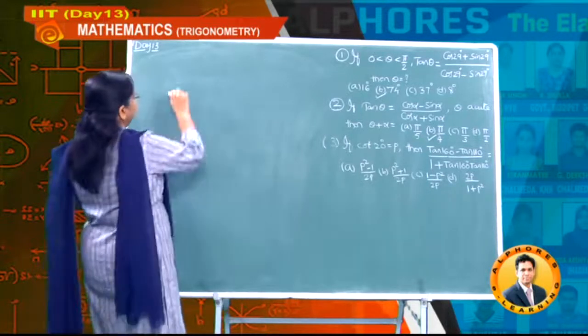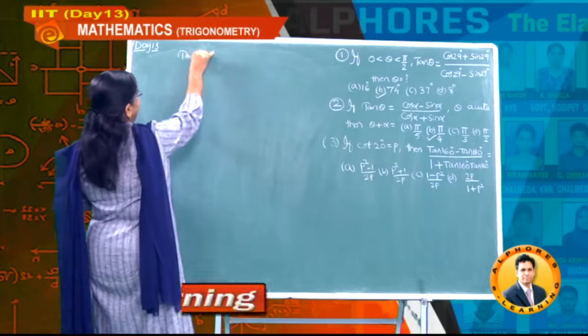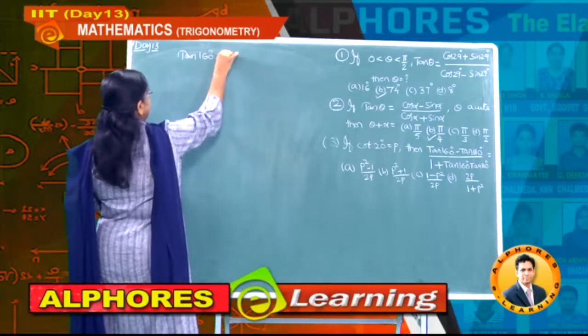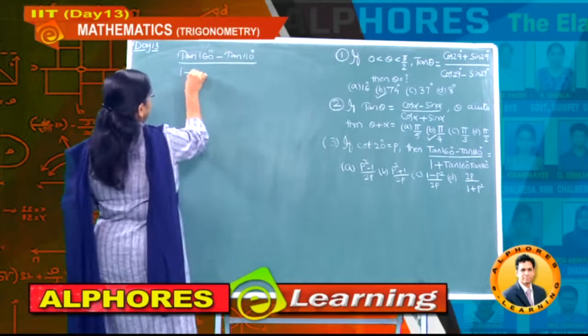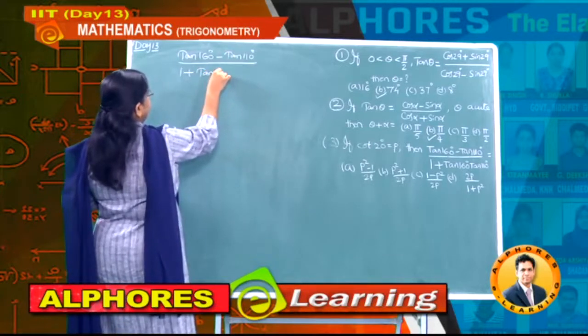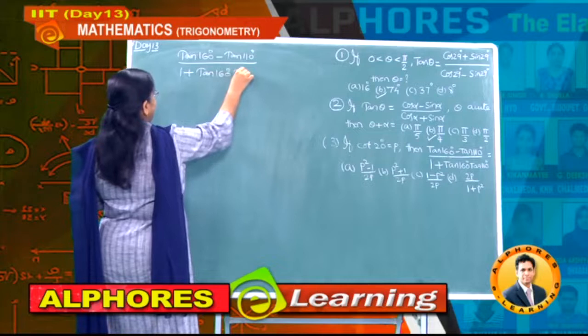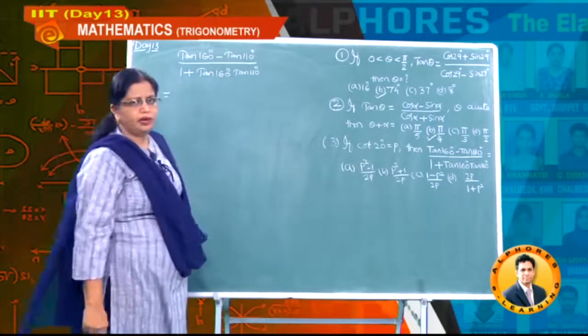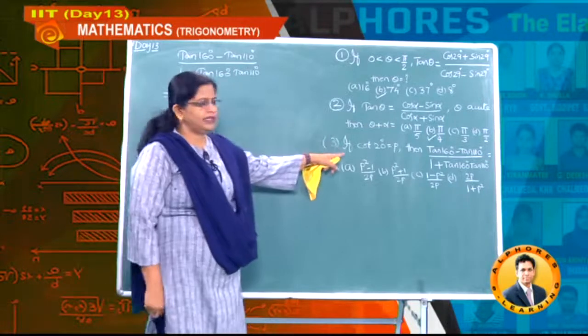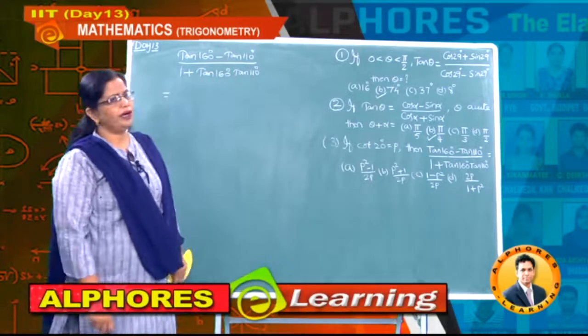So now let us do this problem in an easy manner. This is our required value: (tan 160 degrees minus tan 110 degrees) whole divided by (1 plus tan 160 degrees into tan 110 degrees). Now how are we going to do this? According to the data, what is our data? Cot 20.